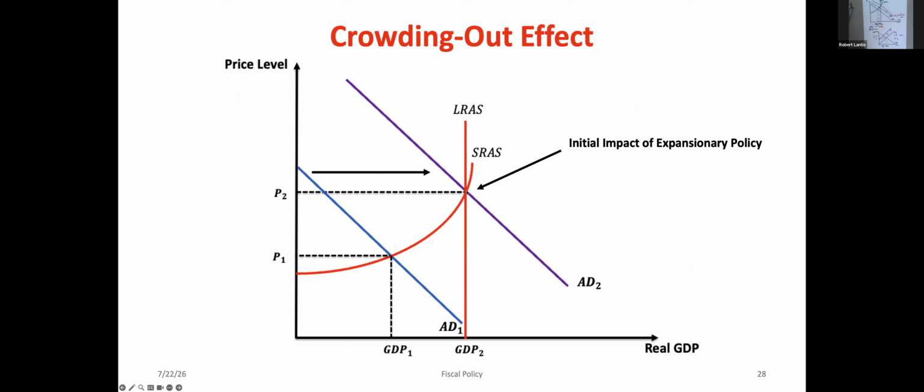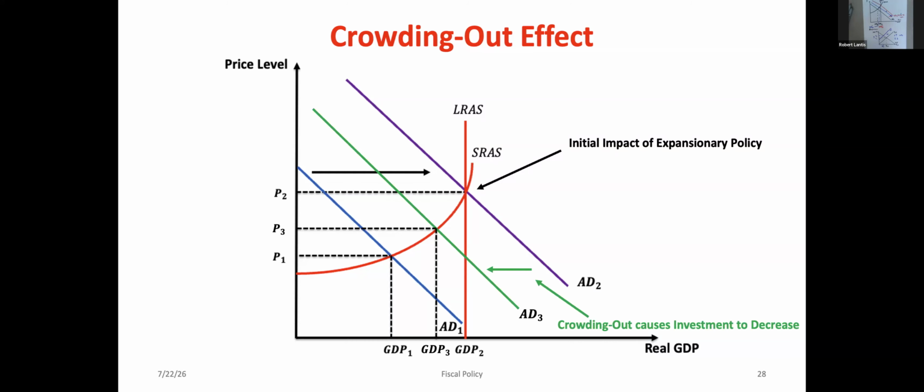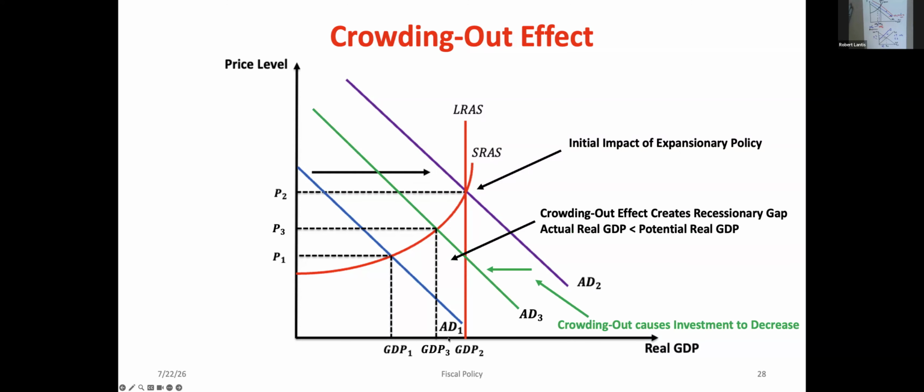But we said the response to that is that government spending or tax decreases will decrease the supply of loanable funds, which increases real interest rates, which decreases investment, and causes that aggregate demand curve to shift to the left, or decrease, so our new short run GDP is still too low. We've closed the gap a little bit, right? It's not what it was before, but we still have a gap existing.